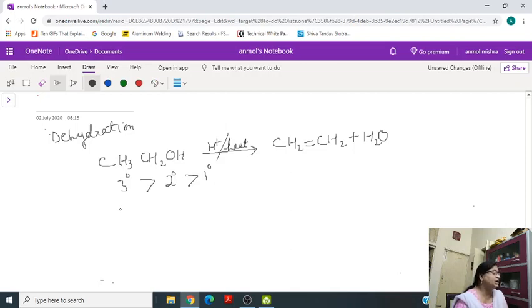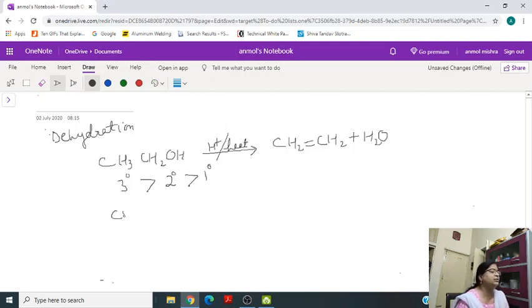Now comes the mechanism of the reaction. I have not told you everything, but you only change the R group and you can write down the same reaction. For example, here we take H2SO4. In the case of secondary alcohol, you can take phosphoric acid. Phosphoric acid is a weak acid. It will also help the reaction.